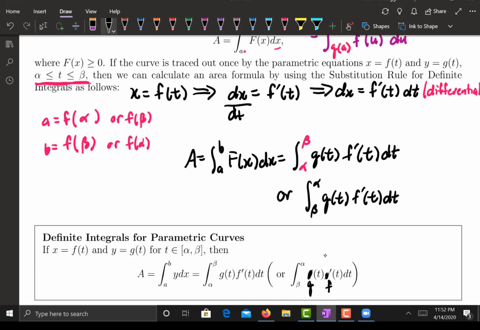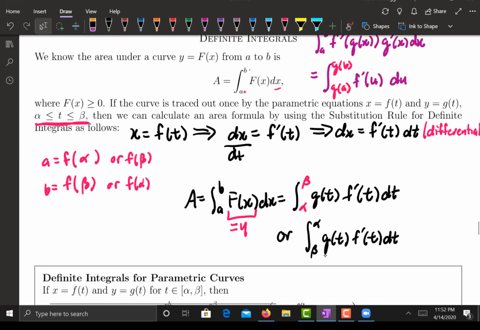The reason why the g of t is coming from is, in terms of integrals, I'm assuming that I can express y as a function that we dealt with normally, which means I just have inputs of x. But I'm also assuming that I can write it out in terms of parametric equations, meaning I can also set that equal to g of t.